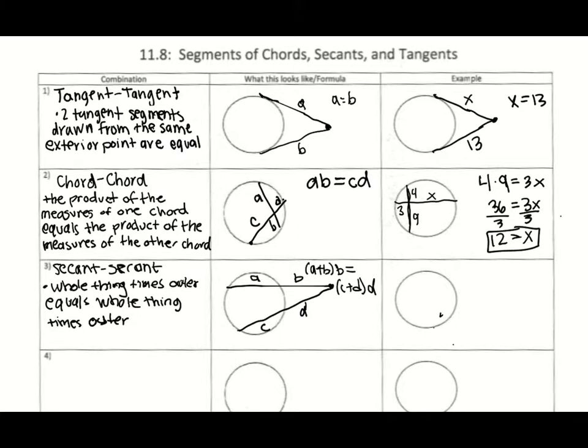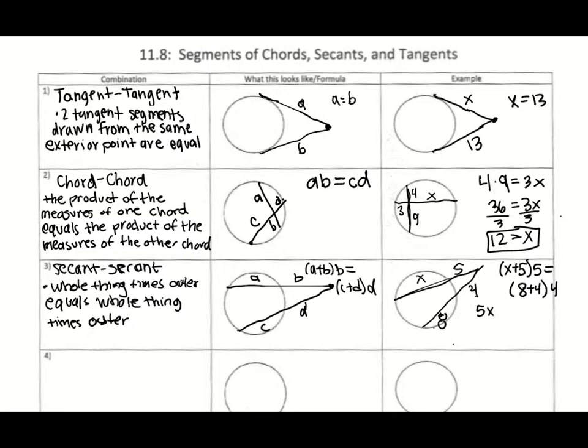So if we look at an example, here we have 2 secants. If this is 8 for x and 5. So we have the whole thing, which would be x plus 5, that whole secant, times the outer piece, which is 5, equals the other whole thing, which is 8 plus 4, times the outer piece, which is 4.